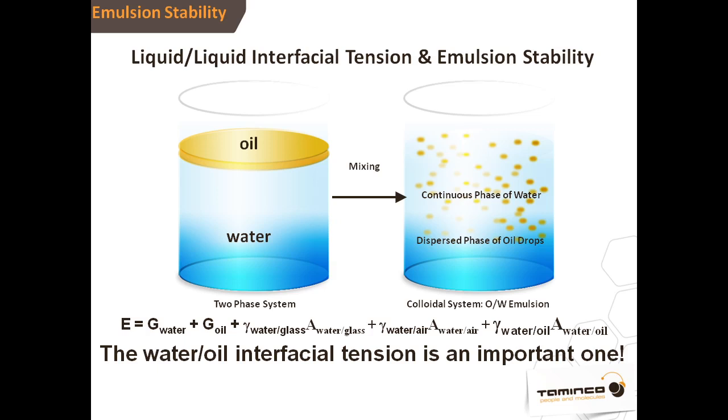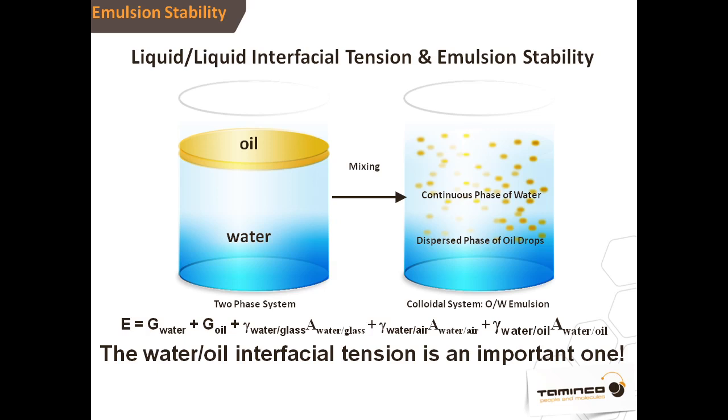This is an examination of the thermodynamic driving force for breaking of an emulsion and recoalescence of the two phases. This would be a lot different from some of the other mechanisms that are used to stabilize emulsions, which are more kinetic in nature. But in any event, for this particular development, the water-oil interfacial tension is the important parameter.